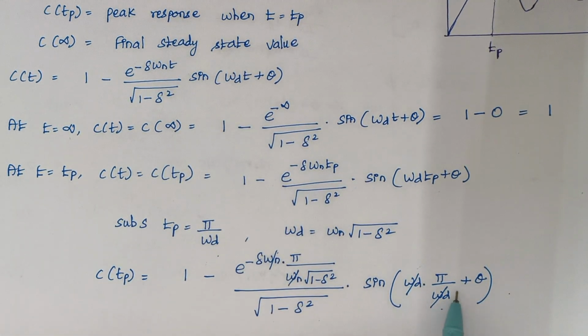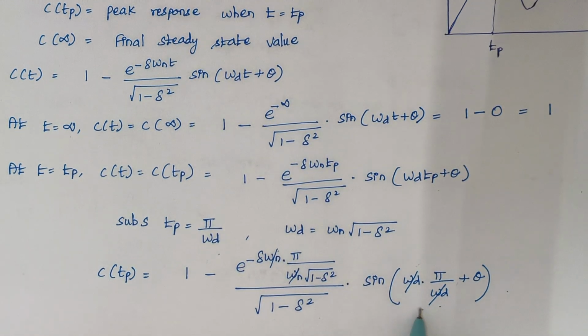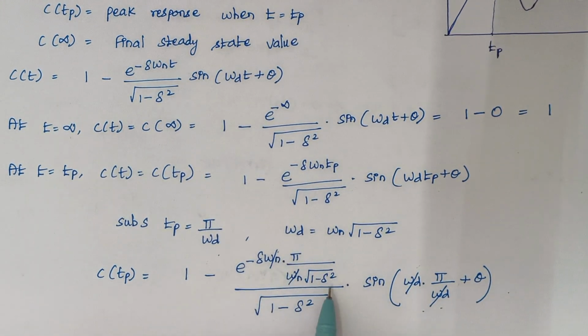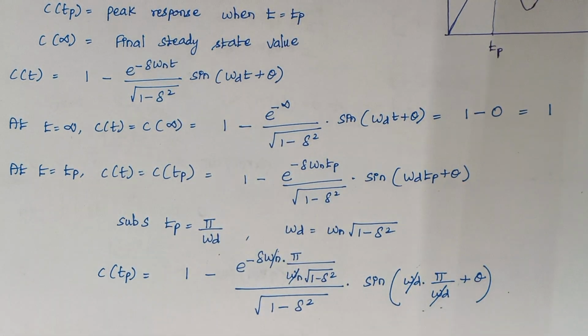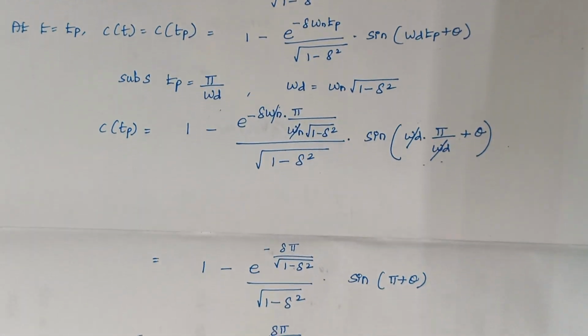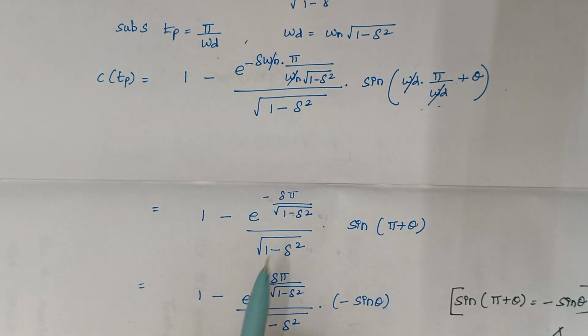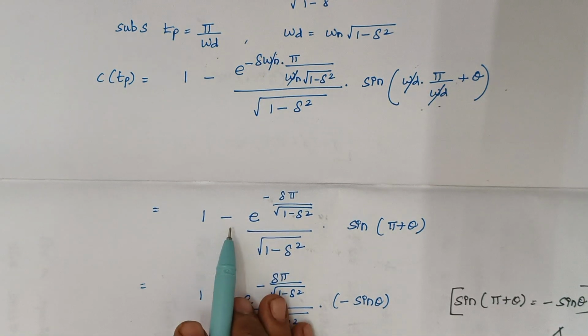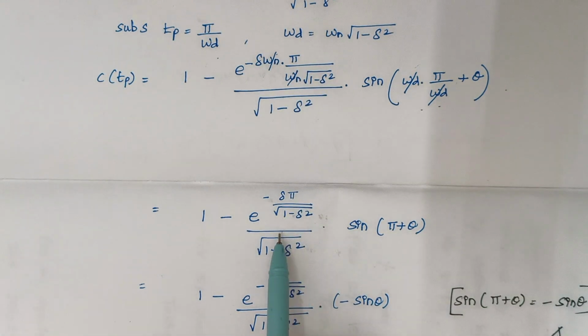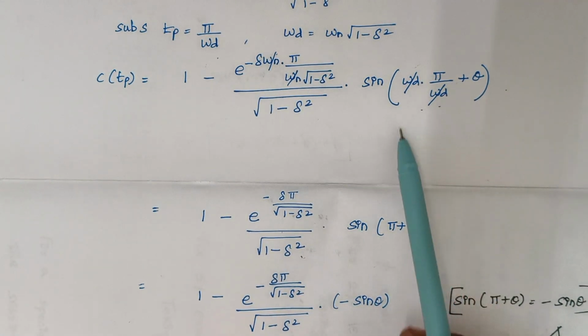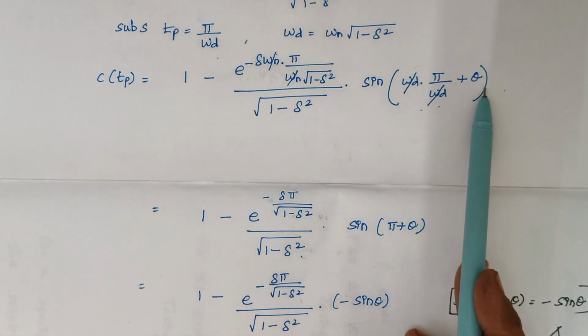Here omega d cancel each other, and again omega n cancel each other. The next step is writing the remaining terms: 1 minus e power minus zeta pi divided by root of 1 minus zeta square, with this denominator part as such, and here sine of pi plus theta.